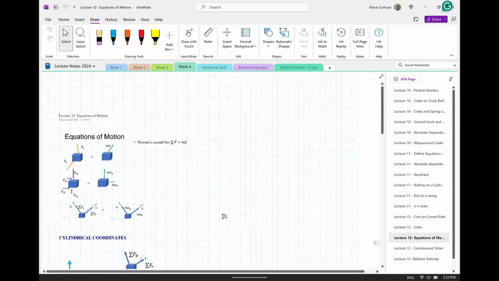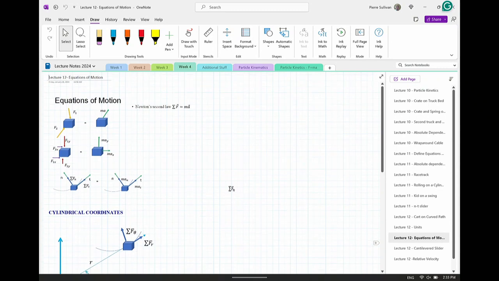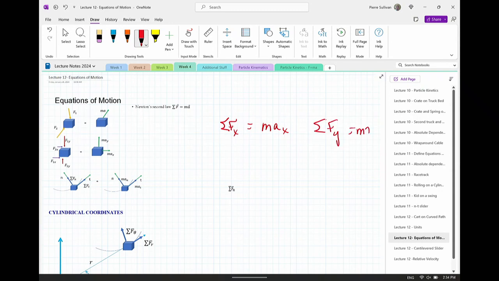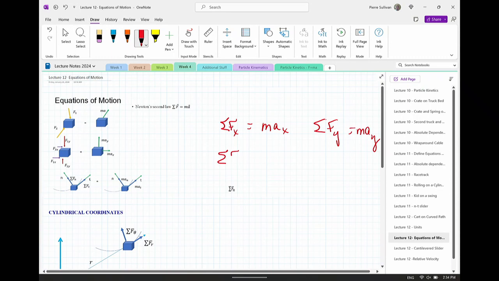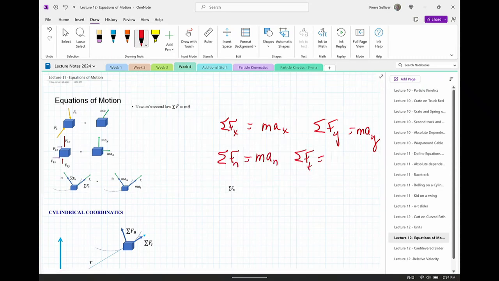Now, we've already defined these. The whole chapter 3 and chapter 4 are primarily just writing these equations and setting up your axes so that everything works out.